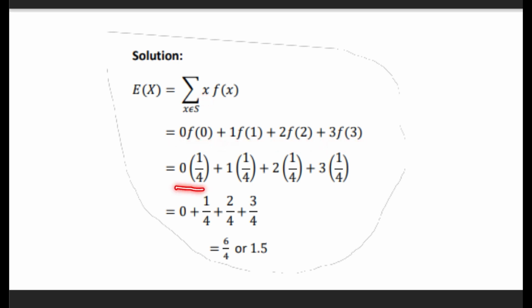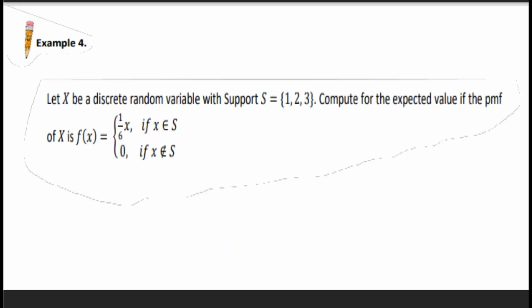Now, let's simplify. 0 times 1/4 is equal to 0. And then 1 times 1/4 is 1/4. Plus 2 times 1/4 is 2/4. And plus 3 times 1/4 is 3/4. Then, when we add, the sum is 6/4 or 1.5. Therefore, 1.5 is the expected value or the average.